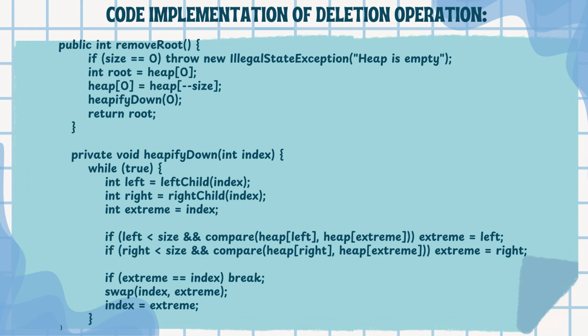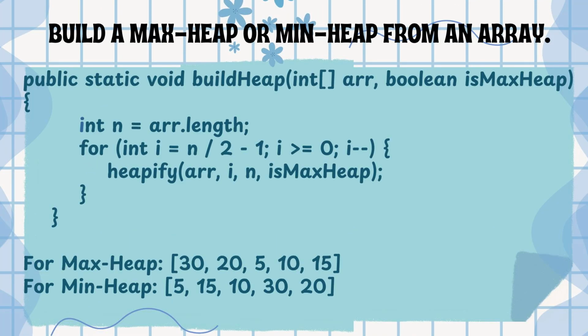It swaps the current node with the smallest or largest child, and then it moves the index to extreme and continues heapify down until the heap is fixed. The extreme variable is used to track the correct position of the element being heapified.